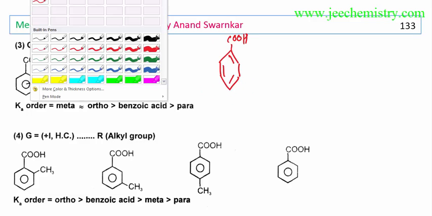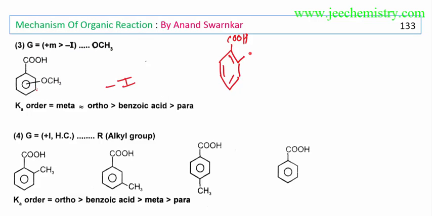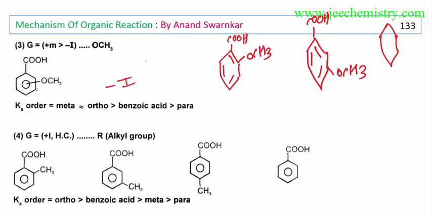Suppose this group is there and OCH3 is at the ortho position. Similarly, the same group with OCH3 at the meta position, and the similar group with OCH3 at the para position. This is ortho, meta and para. And one group will be just benzoic acid, with nothing else attached.